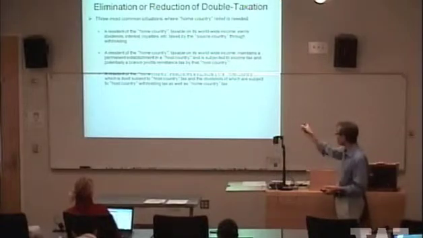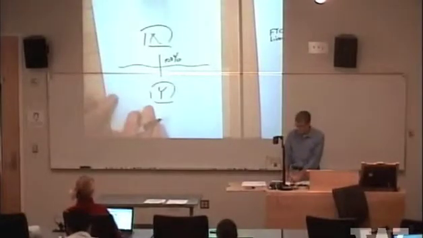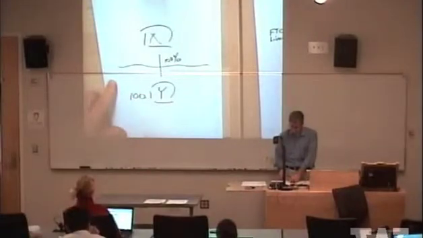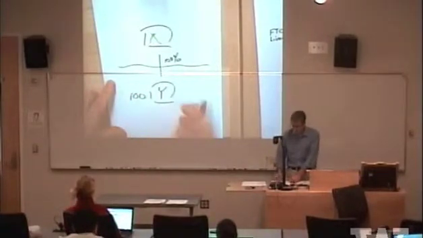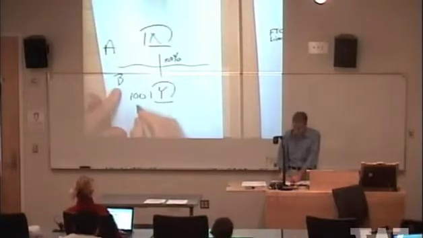And then thirdly, we have the situation where there's a subsidiary. Y, let's say, makes 100. Y is taxed by country B at, let's say, 30%.